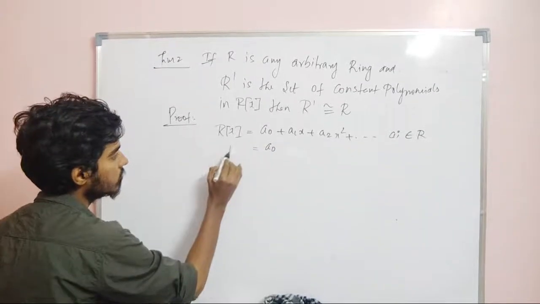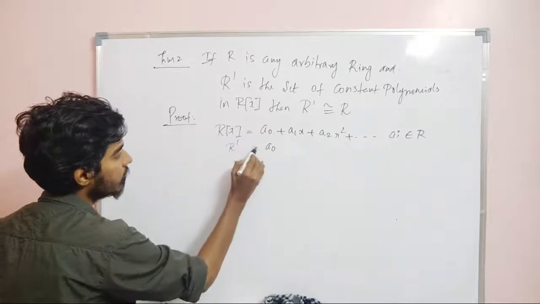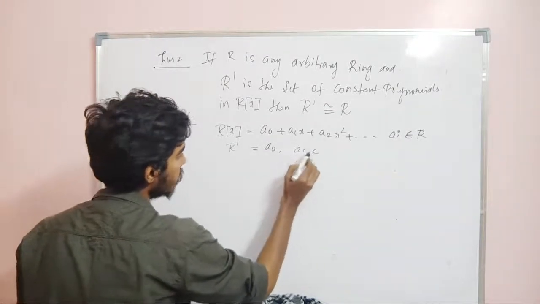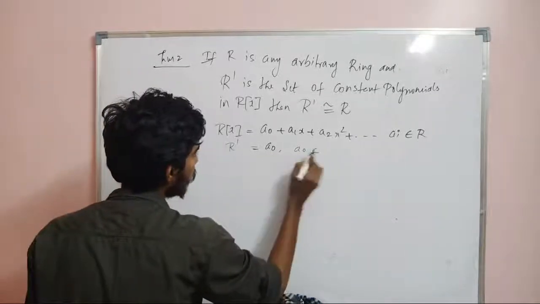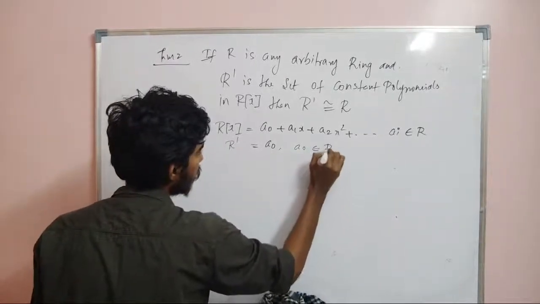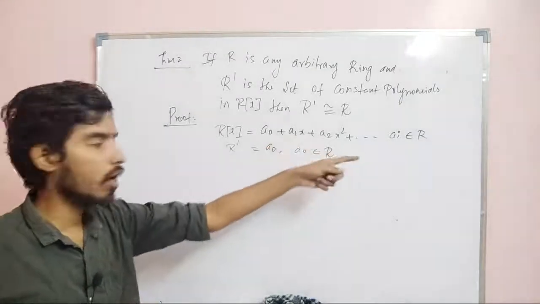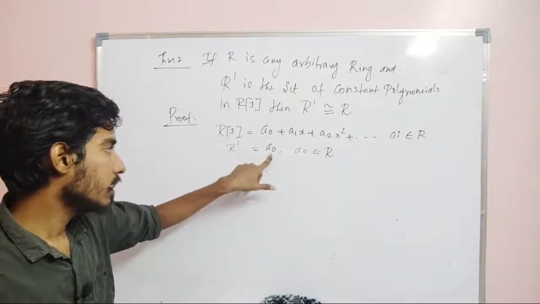So we are going to call this R dash, the set of all constant polynomials, and this a0 can be an element in R because the entries a0, a1, a2 belong to R. So a0 can be in R.